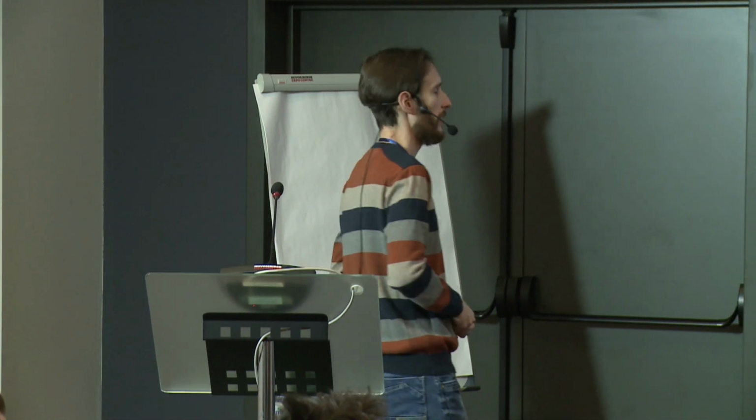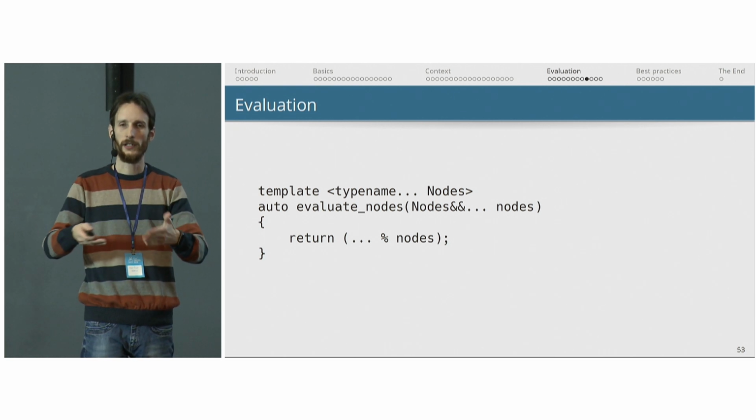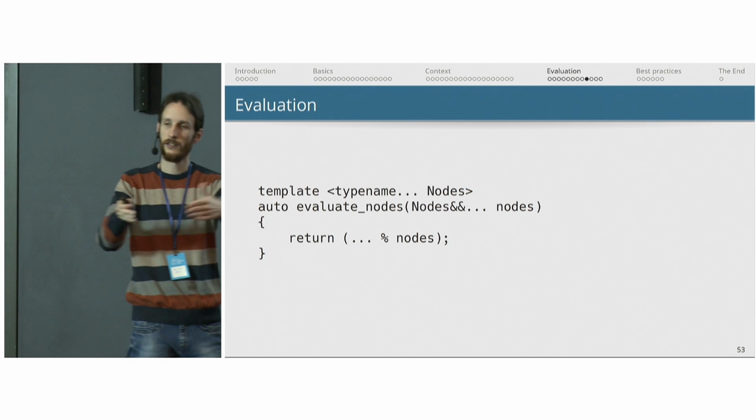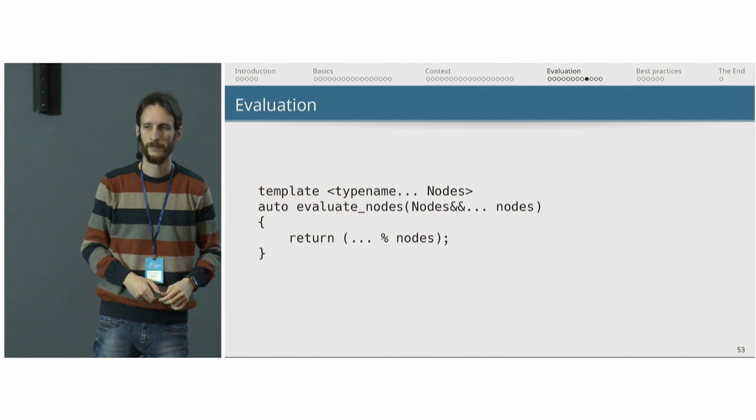Okay? So we are returning a node that has some contextual information, unlike in the previous example, in the first example. And then if we want to evaluate all the nodes, we can just say return ... % nodes. And the fold expression, again, will just enlist all the arguments and put percentages inside.